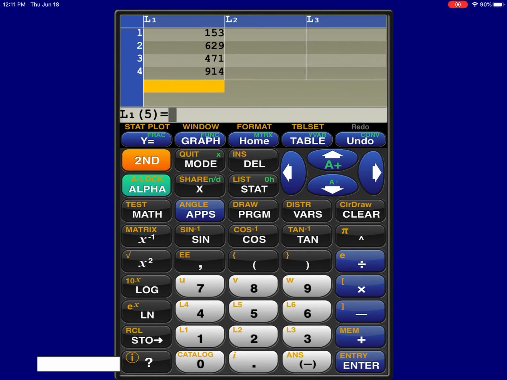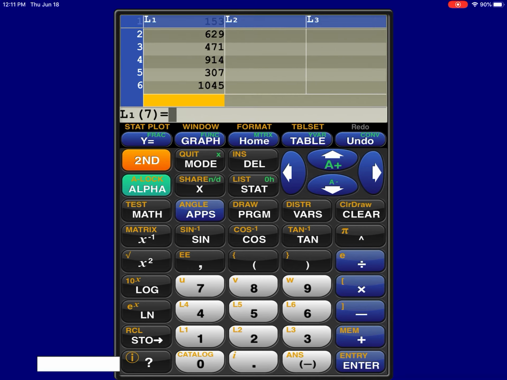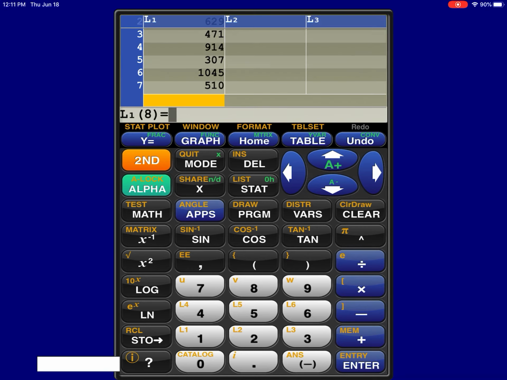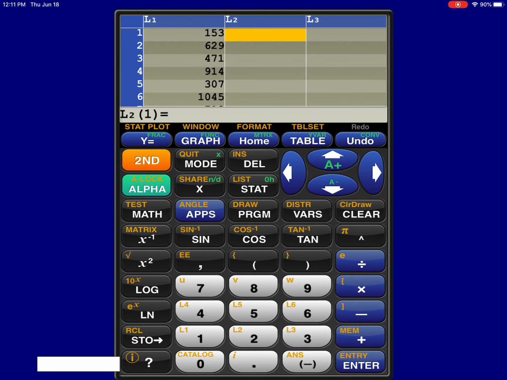Now, just as a reminder, if these were years, you would have to enter these from year 0 and so on, not the actual years that it has. Okay, and then I have 14, 38, 30, 53.